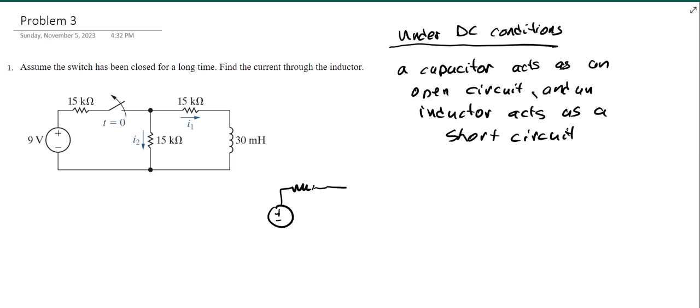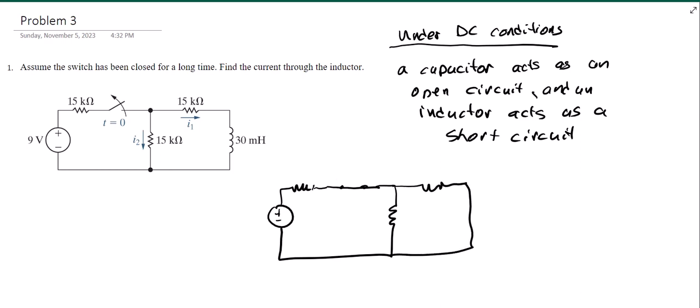We're assuming it has been closed for a long time, so there's a switch right there. If the switch has been closed for a long time, then this inductor now acts like a short circuit. So I just draw it like that, and I put the little dots there to remind me that's where it is, but it just acts like a straight wire.